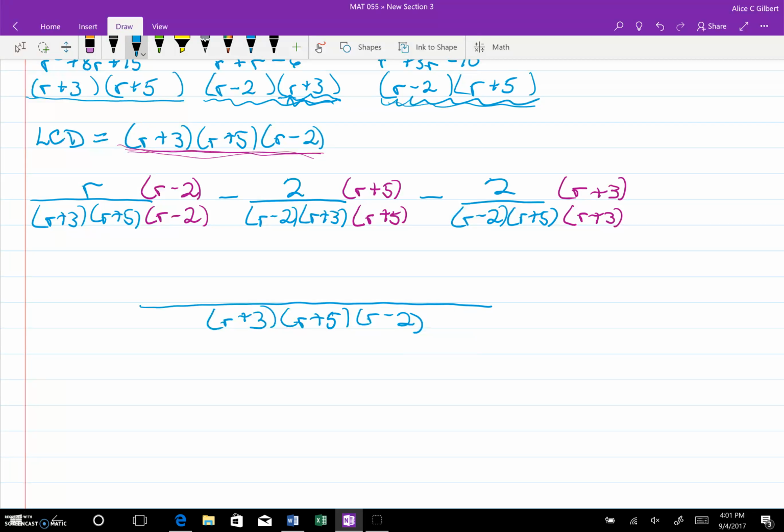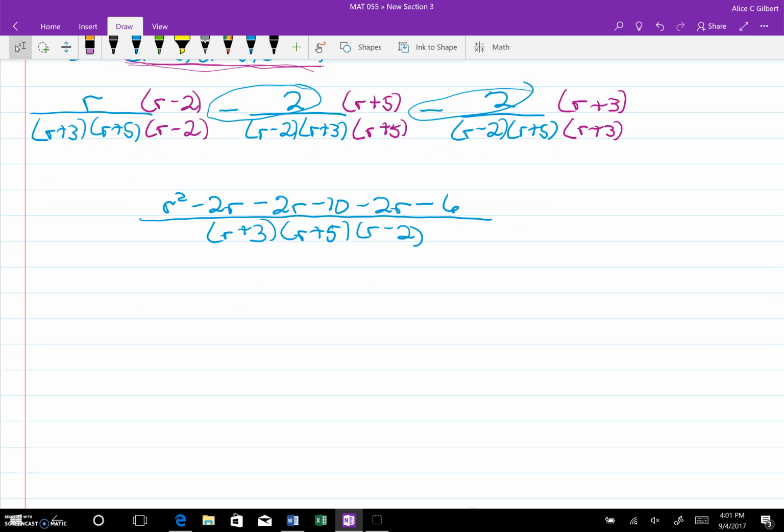And so I have the one denominator, and now I'm just going to do whatever I need to do in the numerator. So r squared minus 2r, and remember when I'm distributing this guy, it's also with a negative. So it's negative 2r minus 10. Same with this guy. Take the negative with him. So negative 2r and minus 6. Okay, I'm just going to finish this guy up.